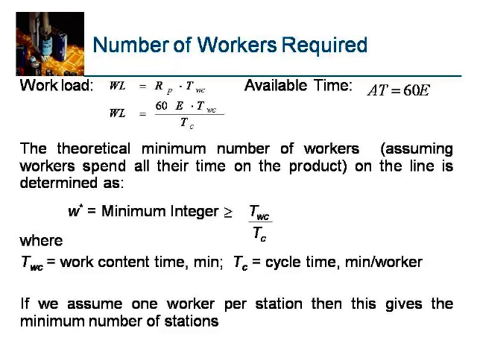The theoretical minimum number of workers, assuming workers spend all their time on the product on the line, can be determined as follows: W star is equal to the minimum integer greater than TWC by TC, where TWC is the total work content time and TC is the cycle time, minimum per worker. If we assume one worker per station, then this gives the number of workstations as well.